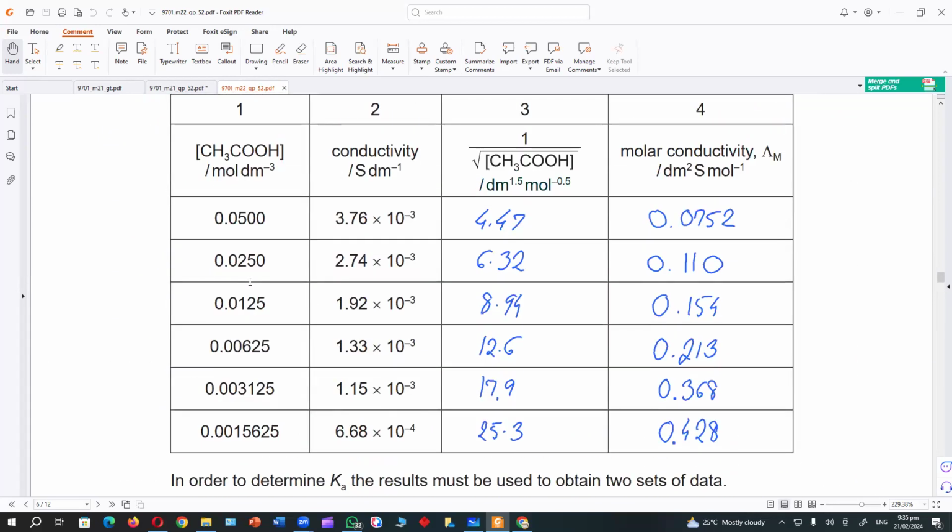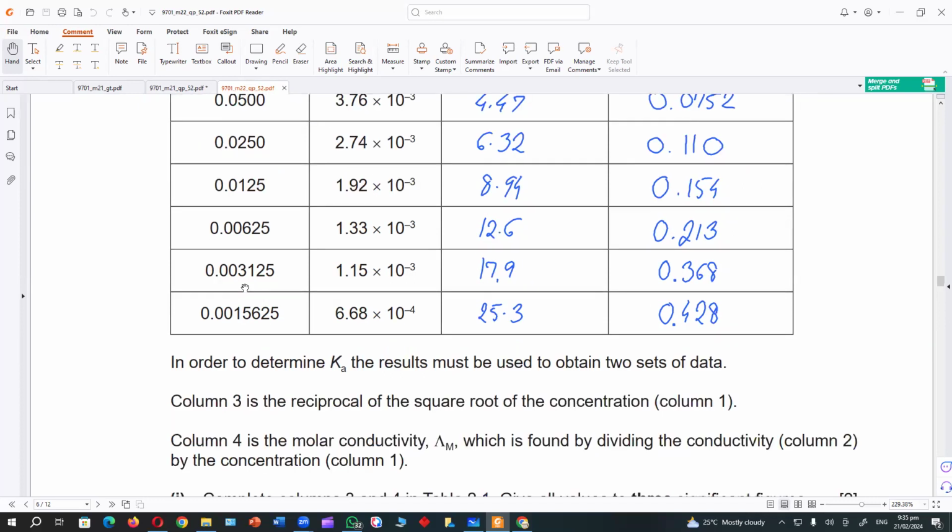Have you plotted it? Yeah, I've plotted it. The complete plot. You got a straight line? Yes. 8.94 and 0.154.